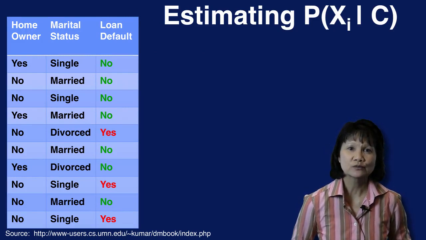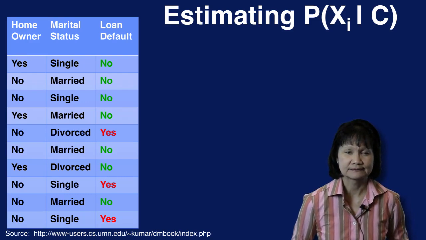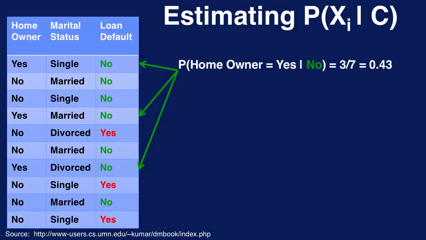To estimate the probability of x sub i given C, we count up the number of times a particular input value is observed for the class C in the training data. For example, the number of times that we see the value of yes for the feature homeowner when the class label is no is 3, as indicated by the green arrows. This is divided by the number of samples with no as the class label, which is 7.